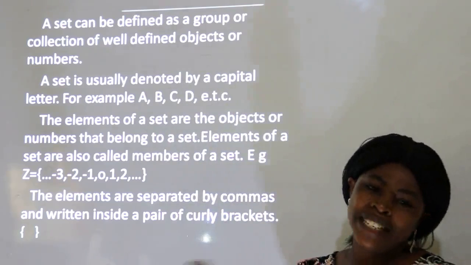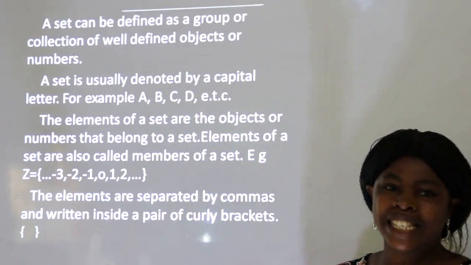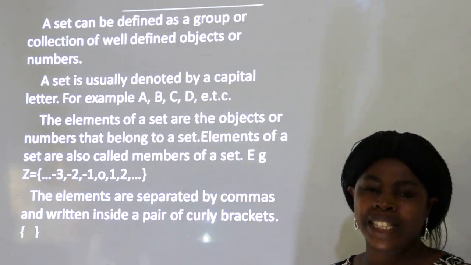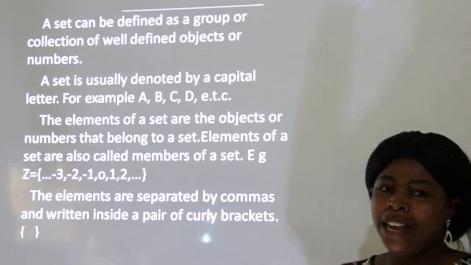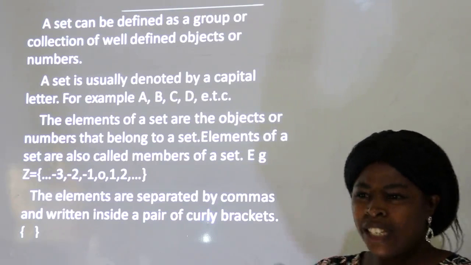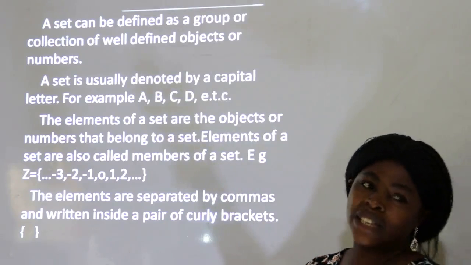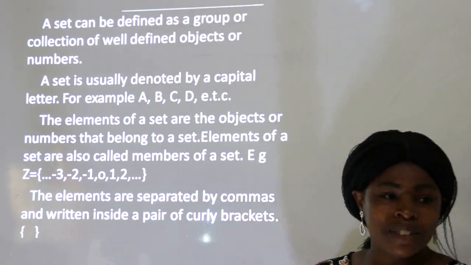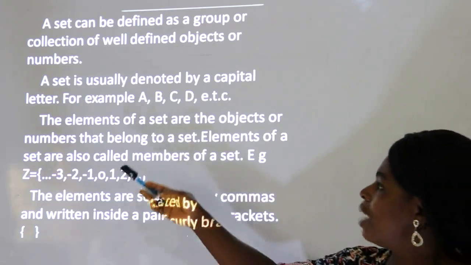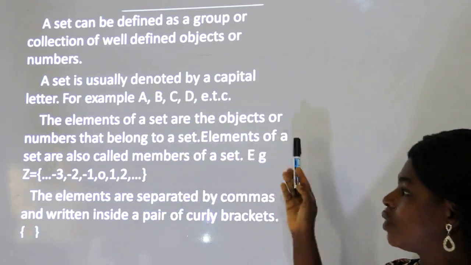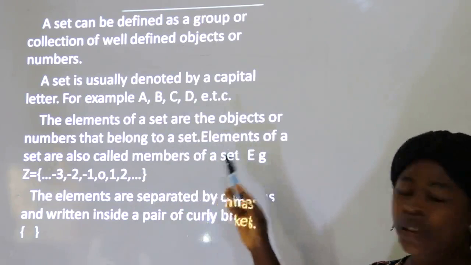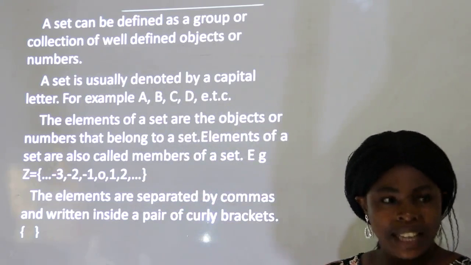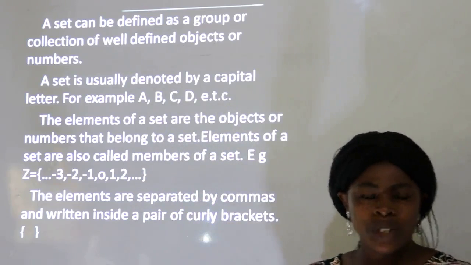Then we have the elements of a set, that is, the members of a set. Remember I told you about consonants. If I list out the consonants in a set, those consonants are the elements of that set. So the elements of a set are the objects or numbers that belong to the set.